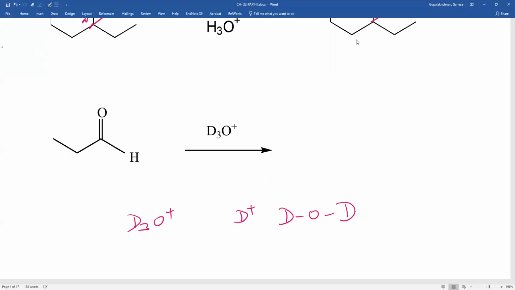This is heavy water. This is heavy hydrogen. This heavy water reacts with it. This acts as a catalyst. This reacts like the halogen we saw. So this will be replaced. One of the hydrogens will be substituted on the alpha carbon with a deuterium.